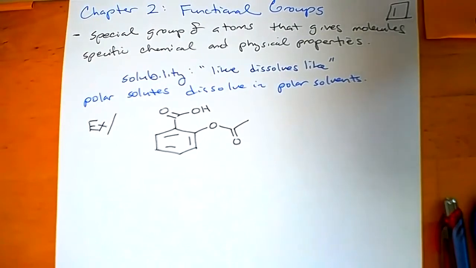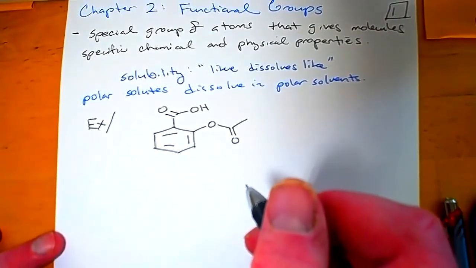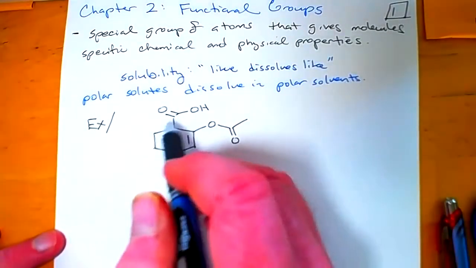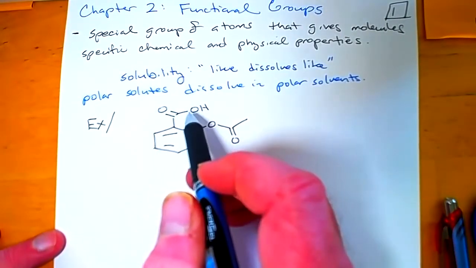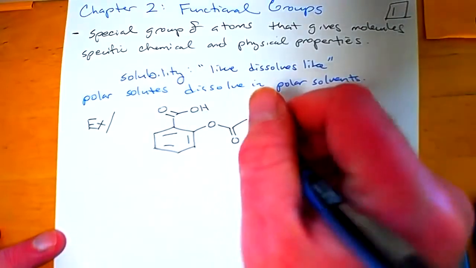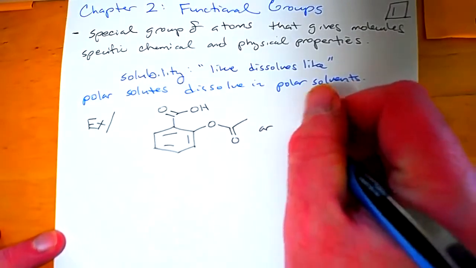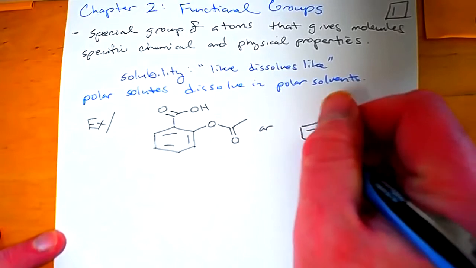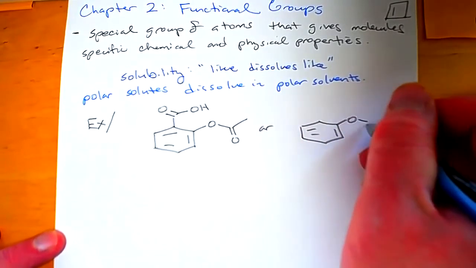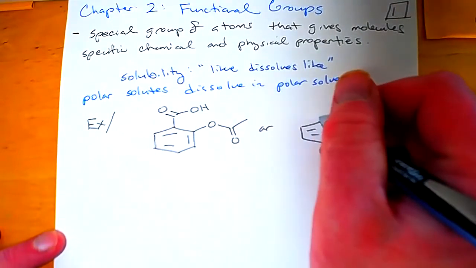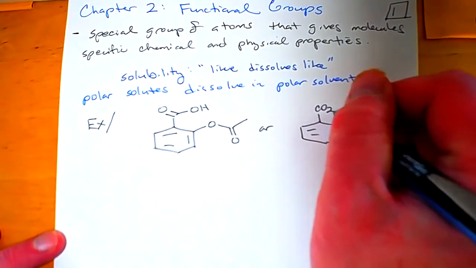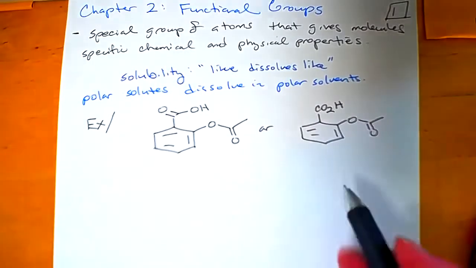Okay, the first thing I'm going to mention here is that oftentimes we condense certain functional groups into a specific shorthand. Another way that I could have written this molecule is, instead of drawing out the carbon double bonded to the oxygen with the OH, I could have written CO2H.